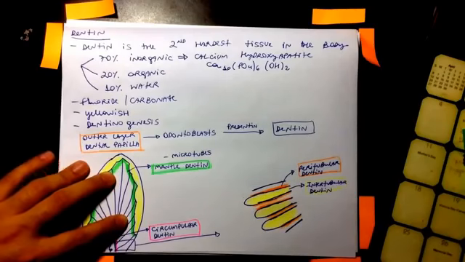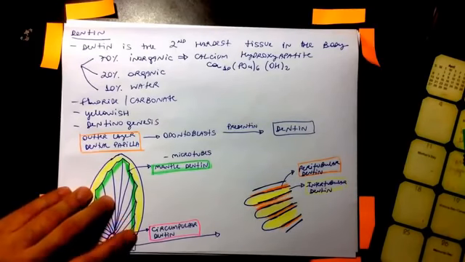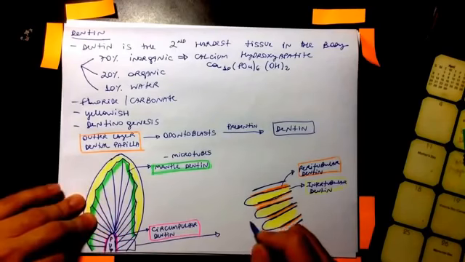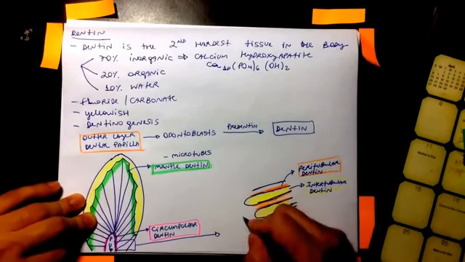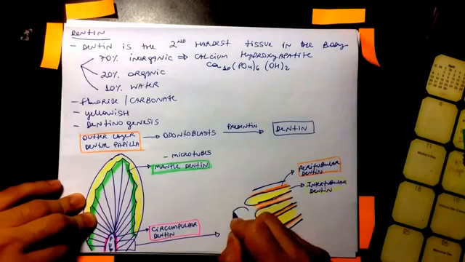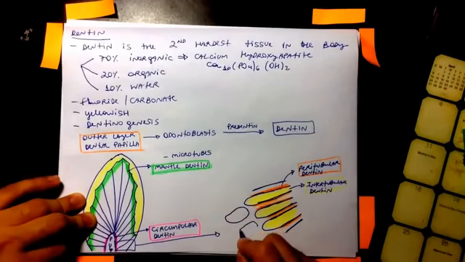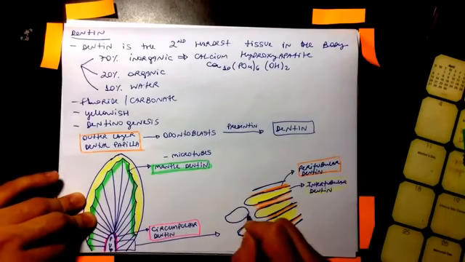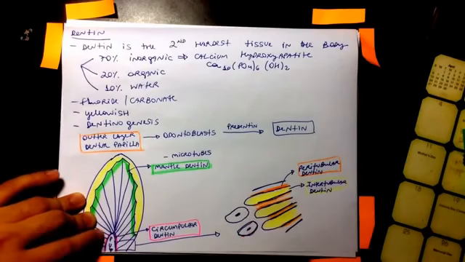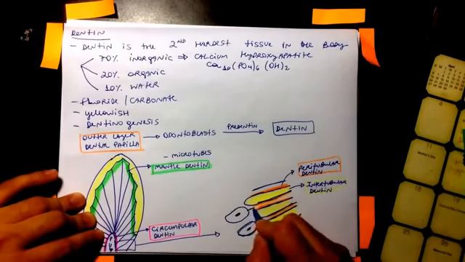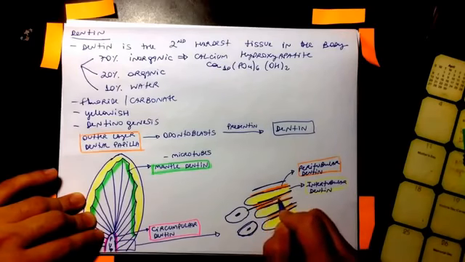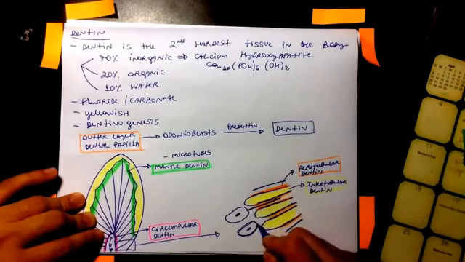Okay, so the most important thing is that on the periphery of the pulp we have the odontoblasts. When they are producing the dentin, the odontoblast stays on the periphery of the pulp, but then it sends a projection inside of the microtubule of the dentin.